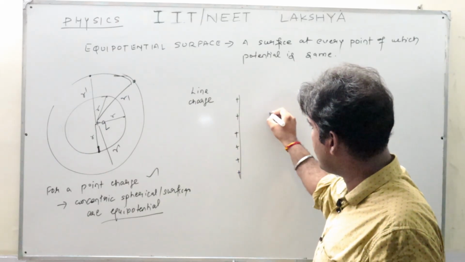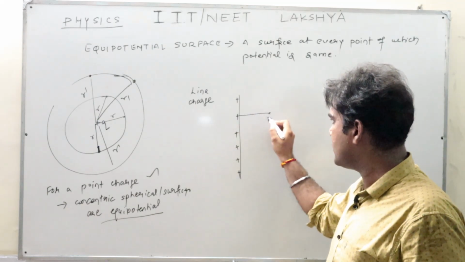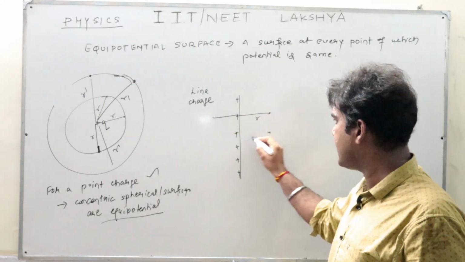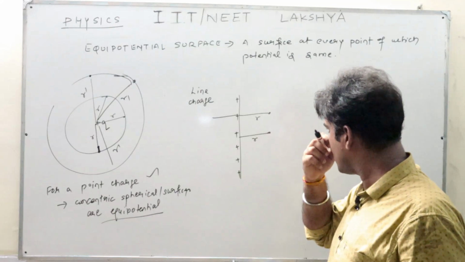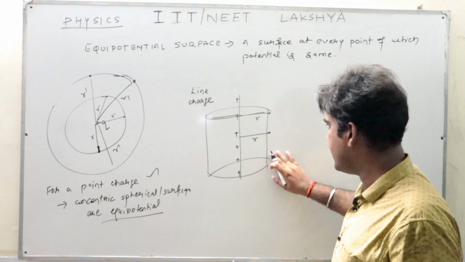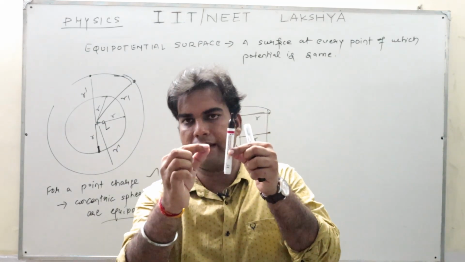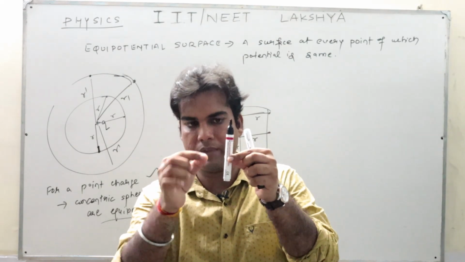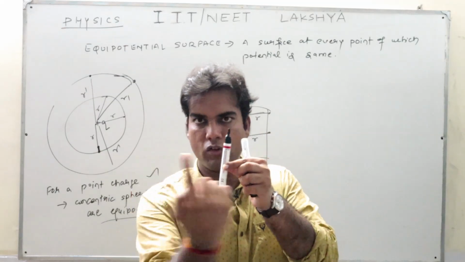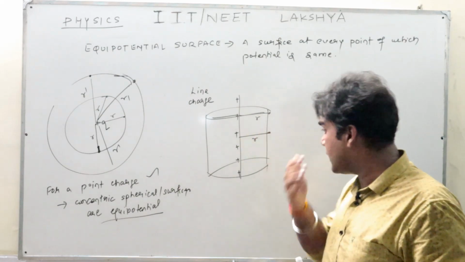If you see the potential at this point, because this distance is the same, similarly you can go there also, at this distance R, what you are going to get is a curved surface like this, the curved surface area of a cylinder.